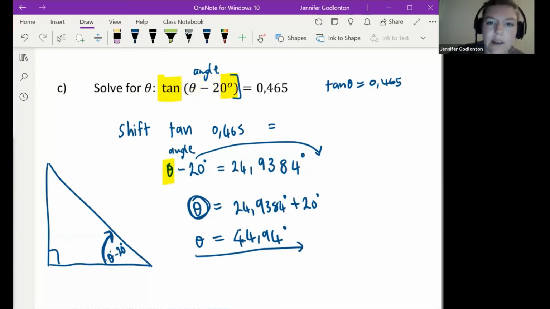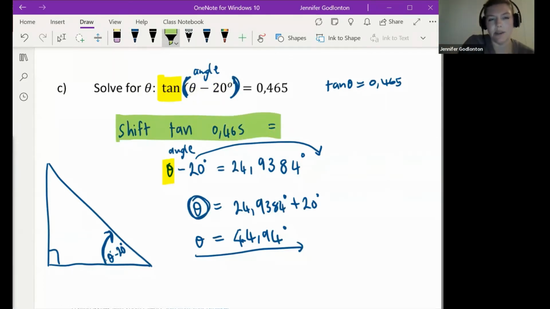Let me get rid of this highlighting. This whole angle is theta minus 20. When we put it into our calculator, we do this step over here, and we're saying shift tan 0,465, we're saying that this whole angle over here is equal to 24,94 degrees.